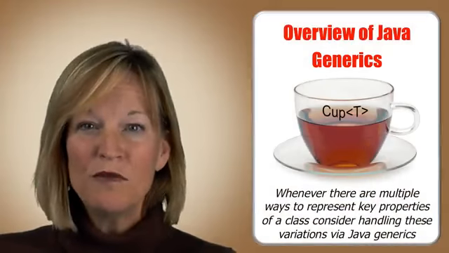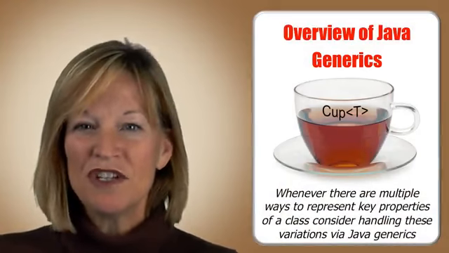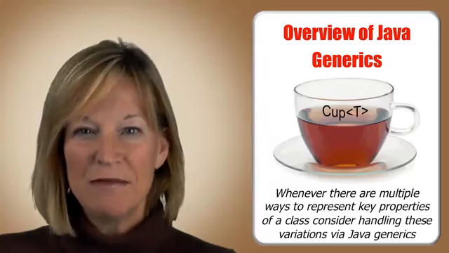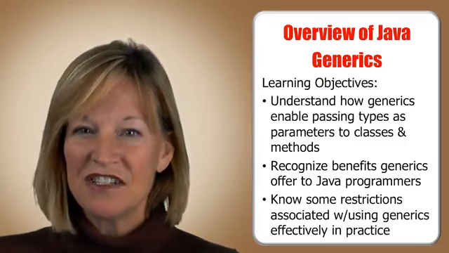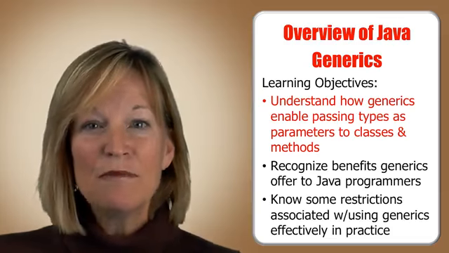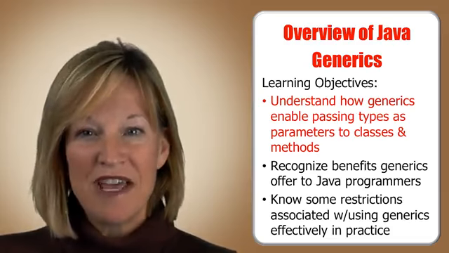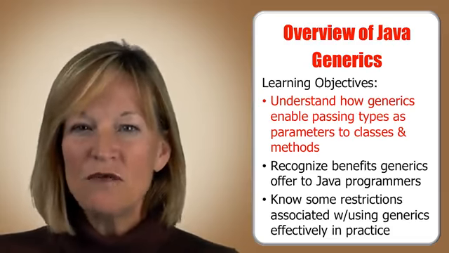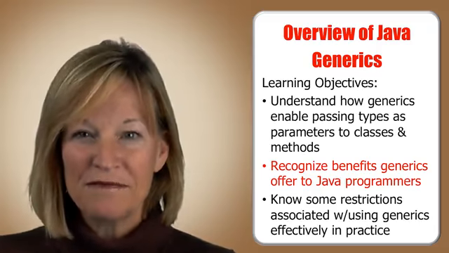Whenever there are multiple ways to represent key properties of a class, it's worth considering whether these variations can be handled via Java generics. Now that you've completed this lesson, you should understand how Java generics enable the passing of types as parameters to the definition of classes and methods. You should also recognize the benefits that generics offer to Java programmers.